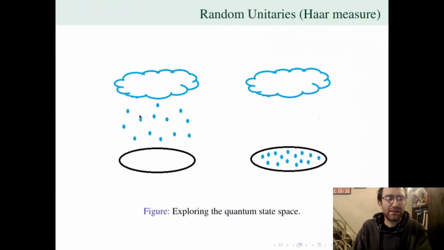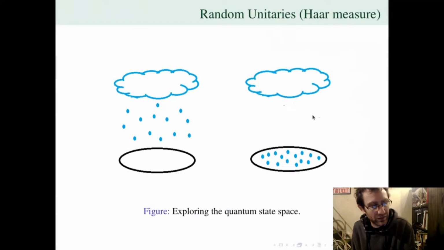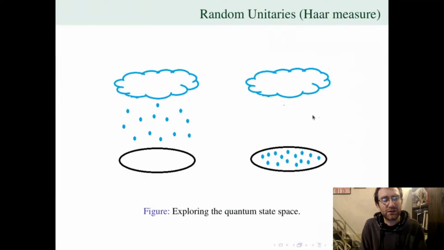So the idea is that if you throw quantum random circuits, what you are doing is choosing random points in the quantum state space, but in a uniform way. You are not being biased to any specific region of the quantum state space, but you are doing a sort of rain.